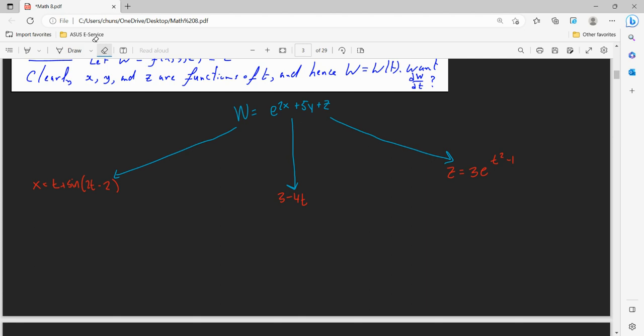So if we were to do that, so only treat x as a variable, this is 2e to the 2x plus 5y plus z, right? Because y and z are remaining constant. And this here is 5e to the 2x plus 5y plus z. And along here, this is just the same.